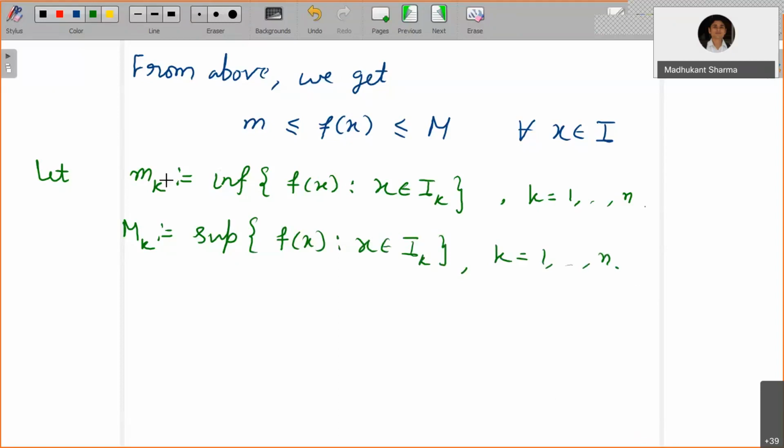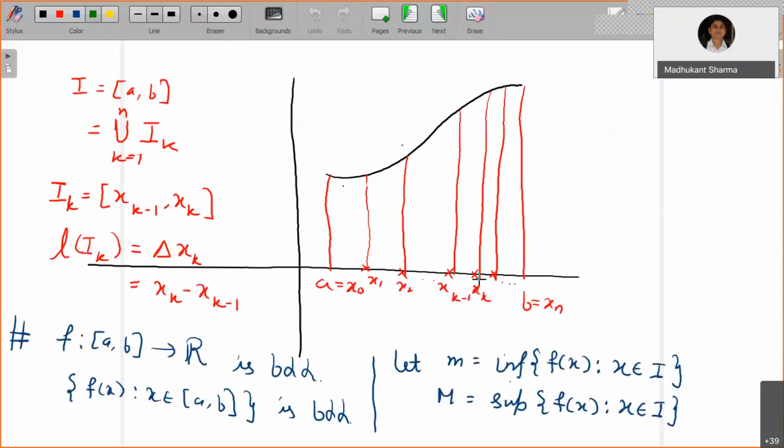Now if you identify small mk here, because mk is nothing but the infimum over this interval xk minus 1 to xk, and if I look at this graph, I don't know the function yet, but it has increasing behavior, as we have seen.